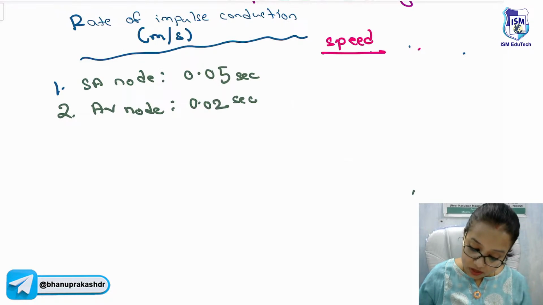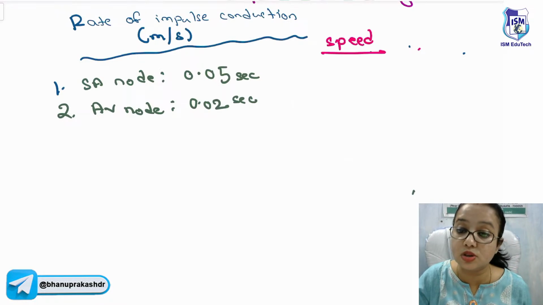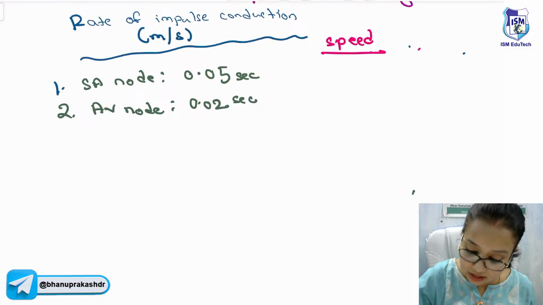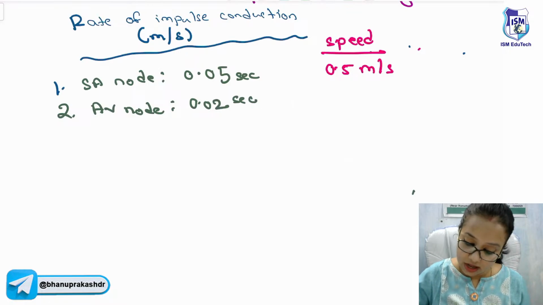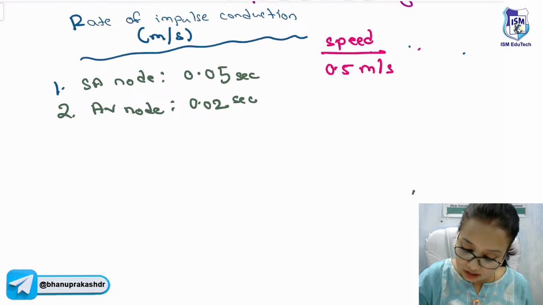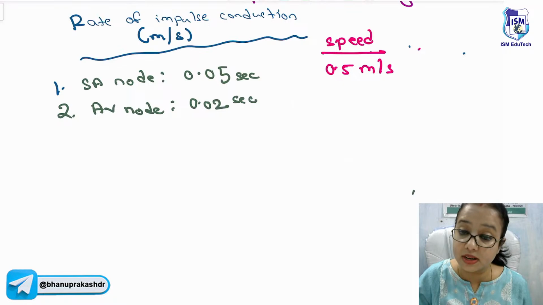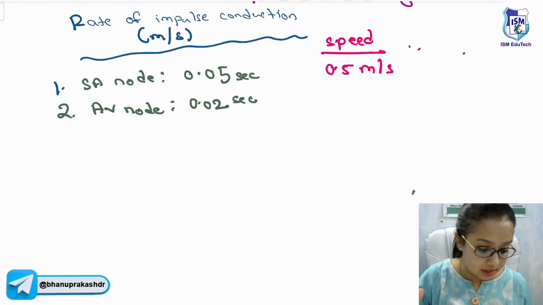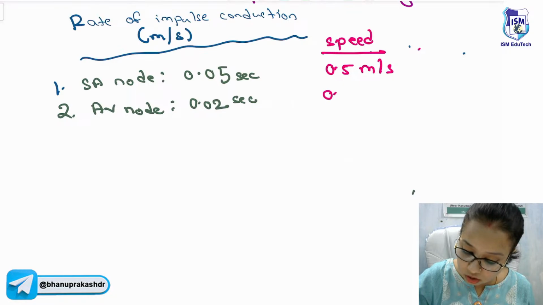Now, the speed at which the SA node conducts the impulse is about 0.5 meter per second. AV node also roughly takes the same time, but it happens only after the nodal delay. Only after the AV nodal delay, the speed that AV node takes to conduct the impulse is also roughly the same.